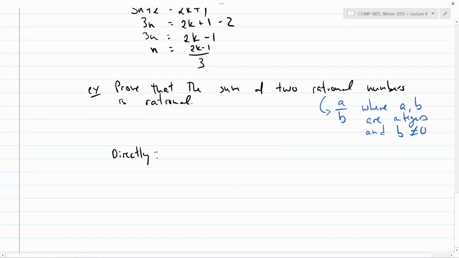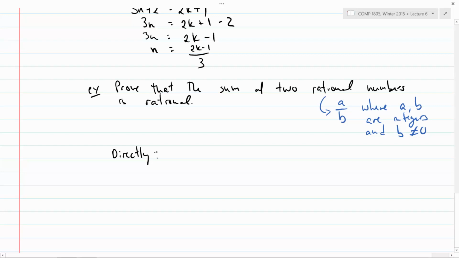If we want to prove this directly, the first thing we do is rephrase it. The sum of two rational numbers is rational. What is that saying as an implication? Or is that even an implication?